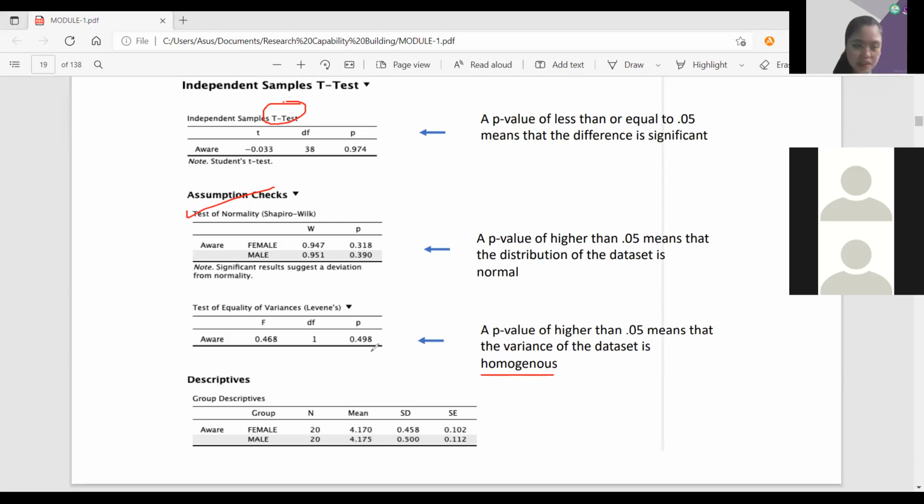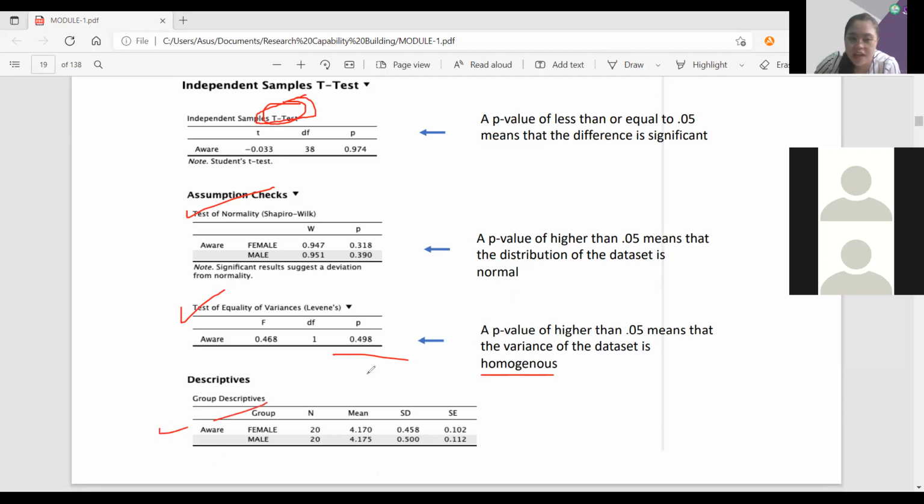So what is the p-value here for the Levene's test? It's 0.498. And again, that is higher than 0.05, which means that the variance is really equal. So we have satisfied this. And yes, we can really use the t-test for this set of data. That's how we interpret, class, the results of the independent sample t-test.